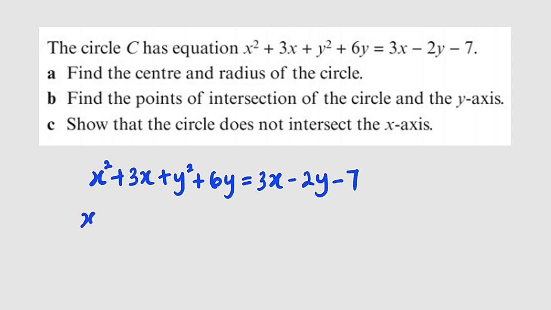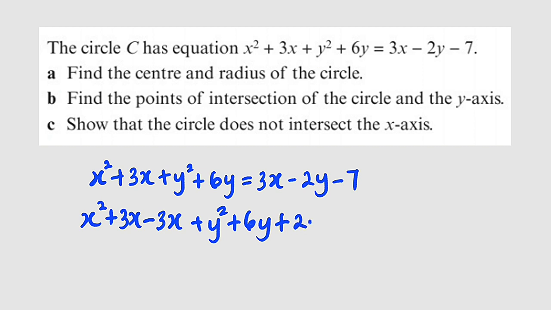We have x squared here. We have plus 3x. If this crosses over, it becomes negative 3x. Then we have y squared. We have 6y. If this crosses over, it becomes positive. We have plus 2y.